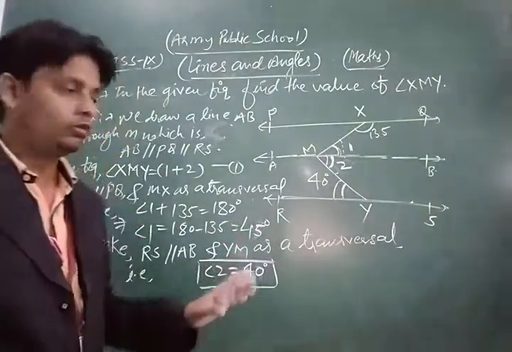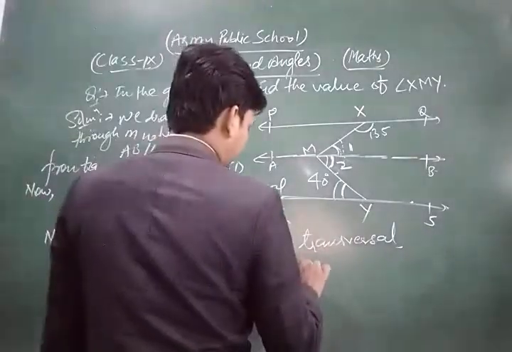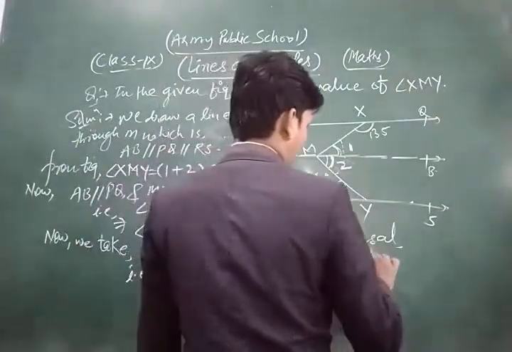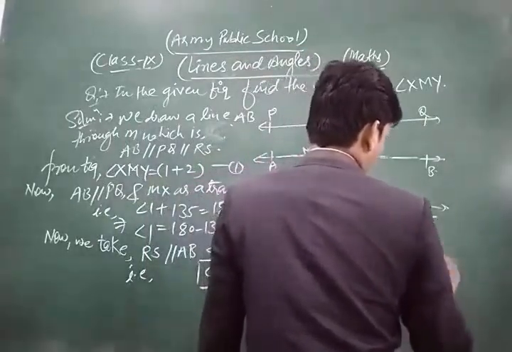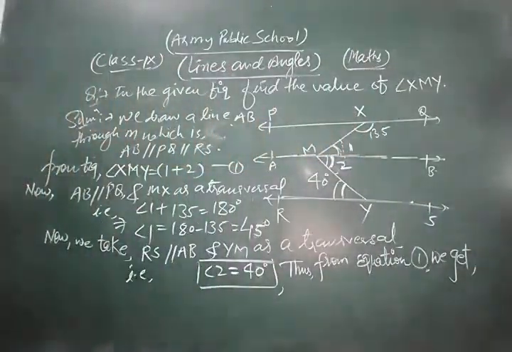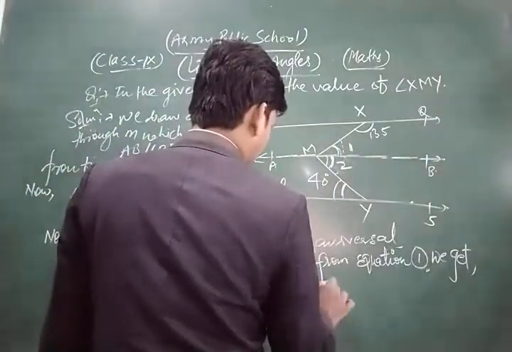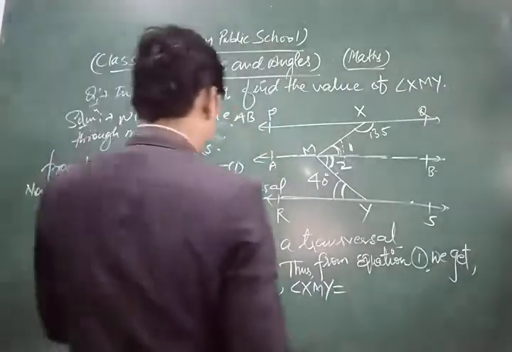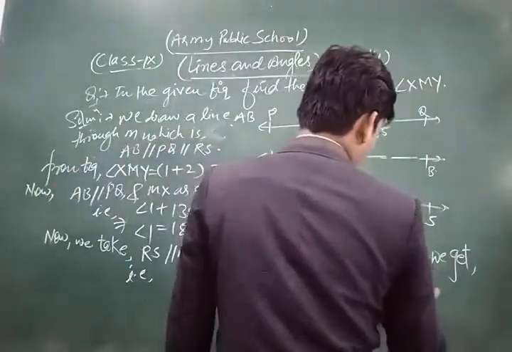In this way, dear friends, we find the value of angle 1, that is 45 degrees, and the value of angle 2, that is 40. Now using equation 1, from equation 1 we get x plus y equals angle 1, that is 45, plus angle 2, that is 40.